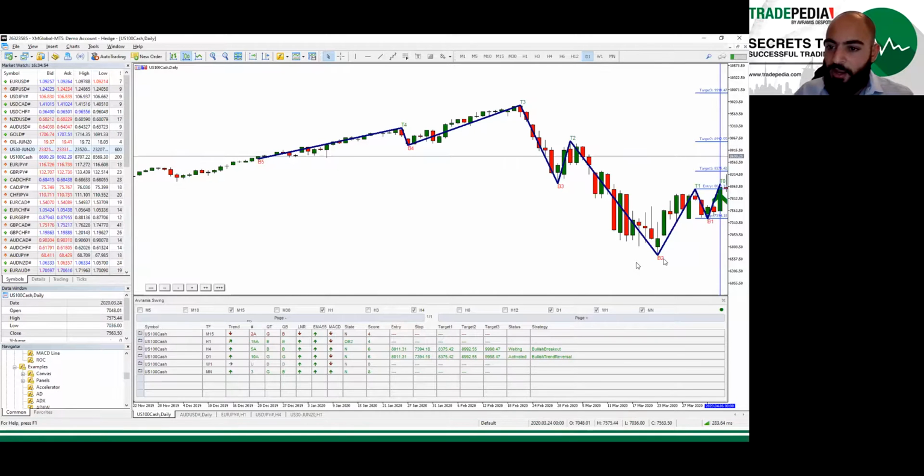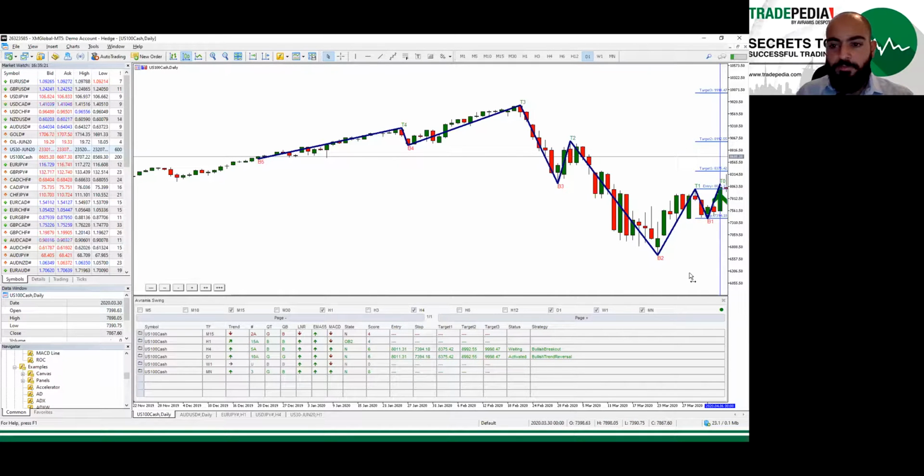Because I have a bottom higher than the previous bottom, the indicator automatically spots a trend reversal opportunity and highlights a bullish trend reversal entry, as you can see here under strategy, a bullish trend reversal on the daily chart with entry at 8,000, stop loss at 7,390, and target 1, target 2, target 3, as you can see.